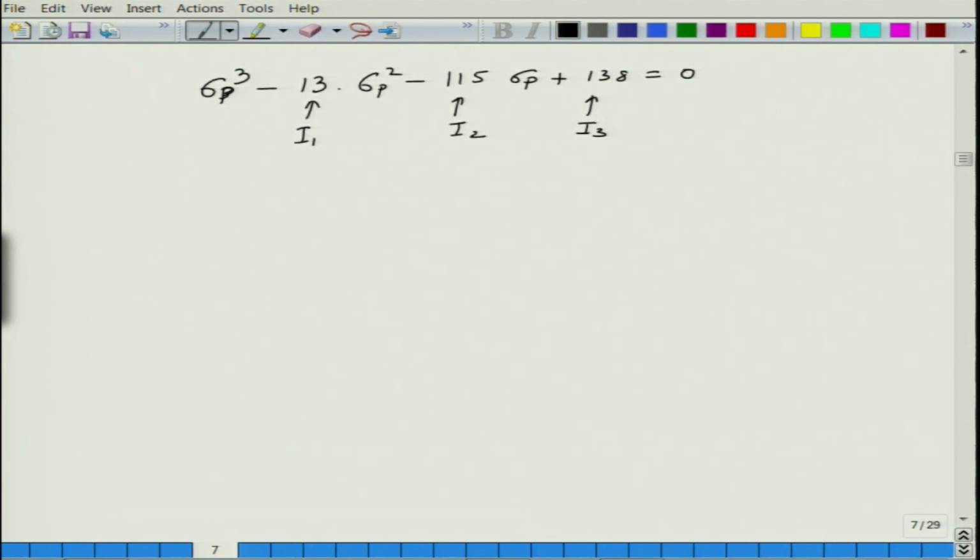Okay. So, basically this was the equation in which we have fitted the values, and if you solve this, the sigma p values turn out to be 1.08 MPa, 18.7 MPa and minus 6.8.